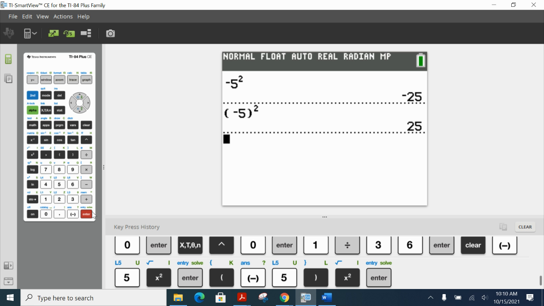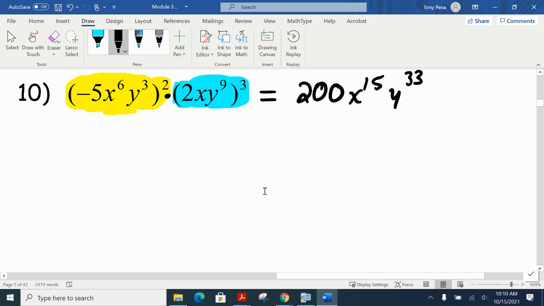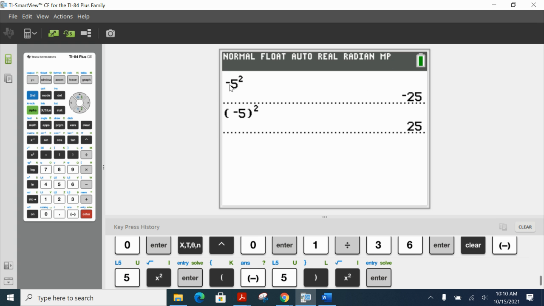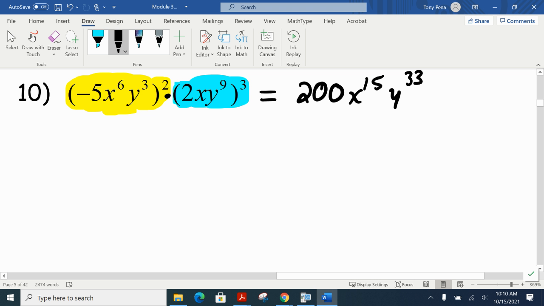So if I look at the problem we have here, is the negative inside the parentheses that is getting squared? Yeah. So which one are we dealing with, the -25 answer or the +25 answer? The +25 is the -5 getting squared. So -5 squared should have given you a +25.